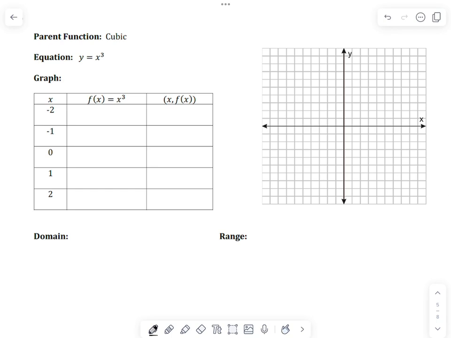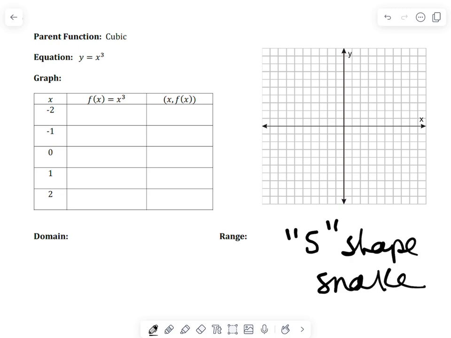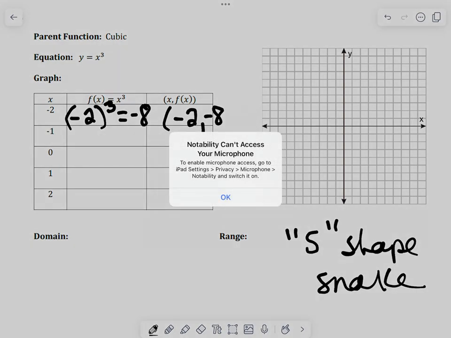The cubic function. The shape of this I call the S shape or snake. So we're going to evaluate the function. -2 times -2 times -2 gives us a -8, so (-2, -8).